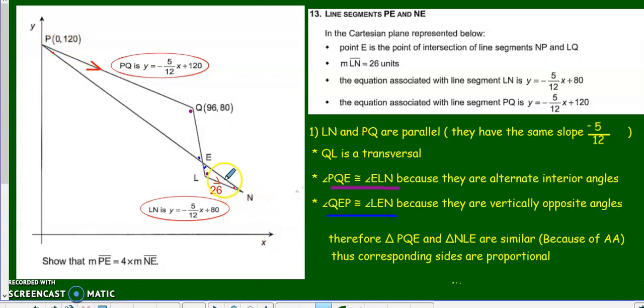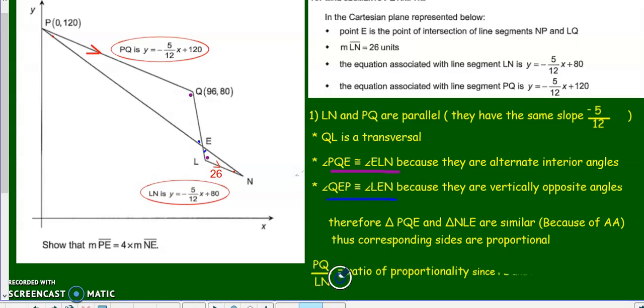If I go from the red angle to the purple angle, those sides are corresponding. So 26 over whatever this length is will give me the ratio of proportionality. So the ratio of proportionality will be PQ over LN, because those are corresponding sides. This divided by that will give me the ratio of proportionality.